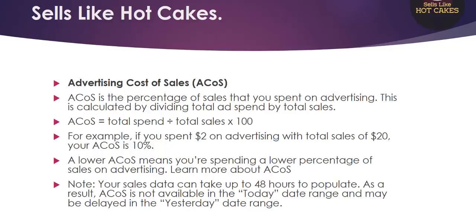This is calculated by dividing the total ad spend by total sales. For example, if you spend $2 on advertising with total sales of $20, then your ACOS is 10%.